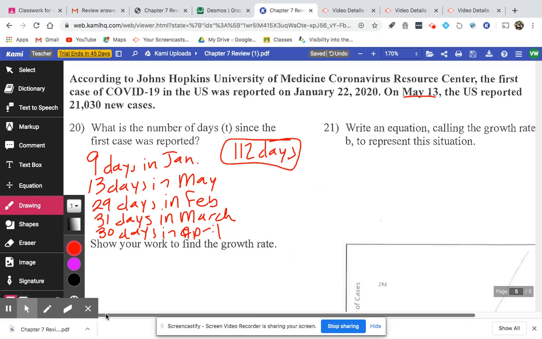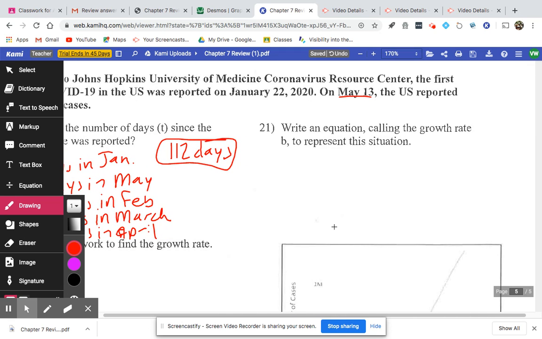Number 21. Write an equation calling the growth rate B to represent this situation. Now, here is where some of you may get tripped up. We need to pay attention to the context of the problem. On May 13th, we reported 21,030 cases.